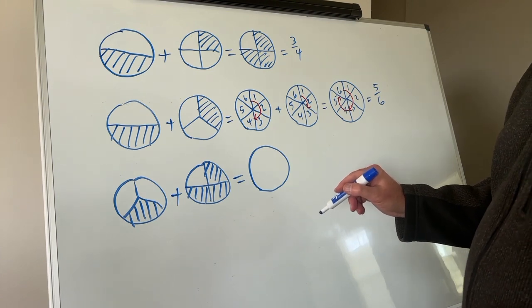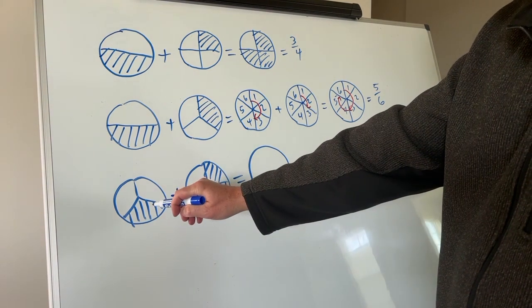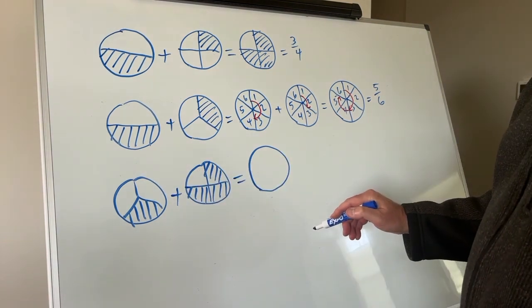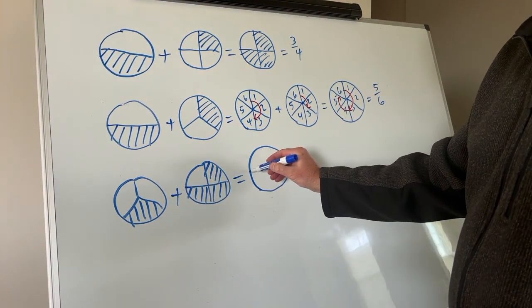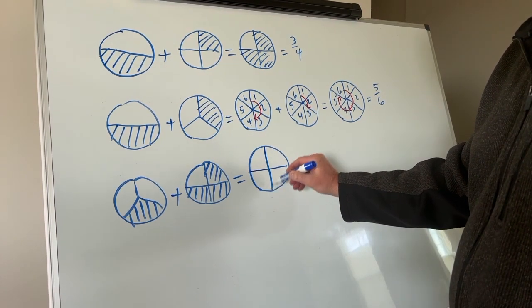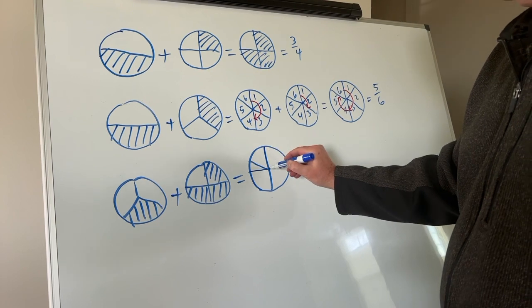So that's the question. So I either have to divide each of these thirds by 4 or each of these fourths by 3. So I think the easiest thing is to divide each of these by 3.